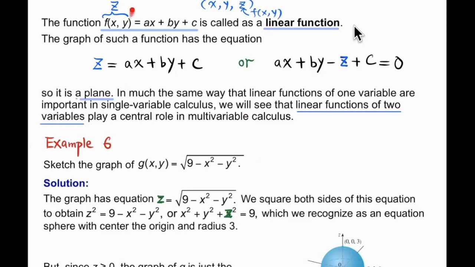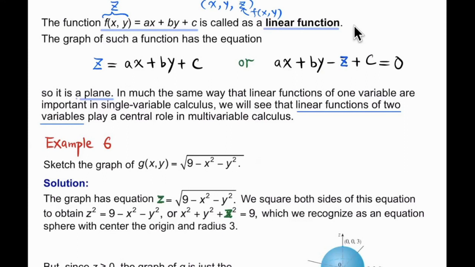So we replace this by z. We can write this equation z equal to ax plus by plus c. Or if you move everything to the left side and leaving the other side to be 0, you can put it this way: ax plus by minus z plus c equal to 0.